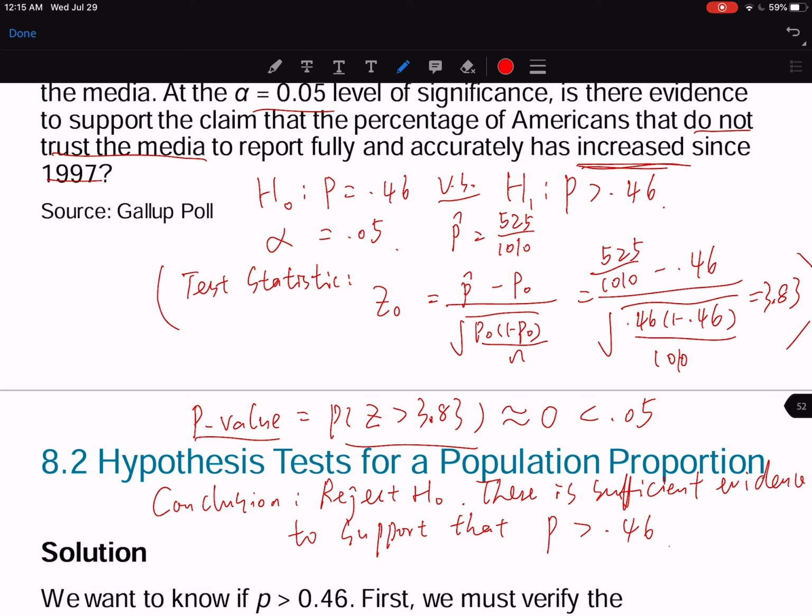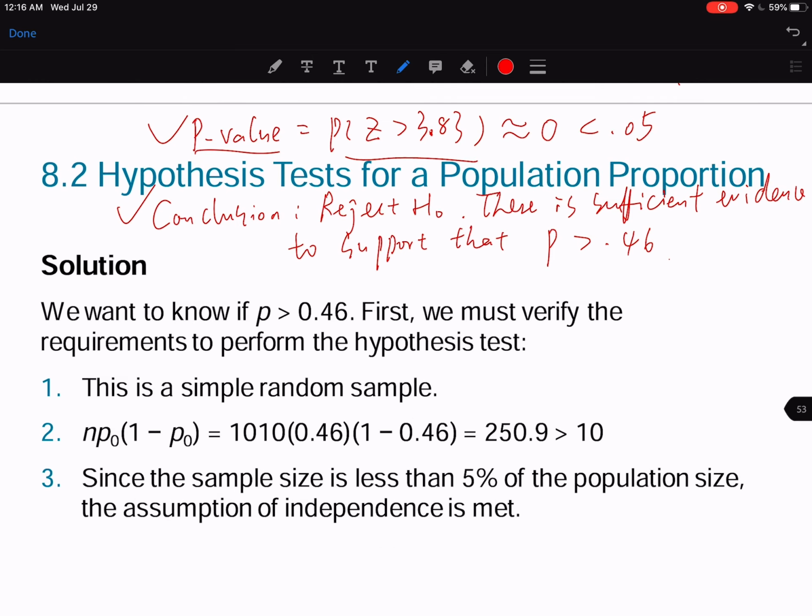If you are able to find the p-value from the calculator directly, you can skip calculating the test statistic over here, okay? But you gotta show me this, and this, and the conclusion to get the full credits. Of course, if you don't have the calculator, you should show me all those 5 steps here. All right, so that's pretty much how we do it.